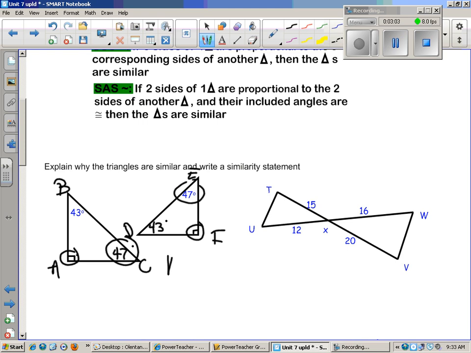So by angle, angle similarity, these triangles are similar, and the similarity statement would be triangle ABC is similar to triangle, and then I have to match up the angles, so what goes with A? F. What goes with B? Yeah, B and D, and then C and E. Okay?